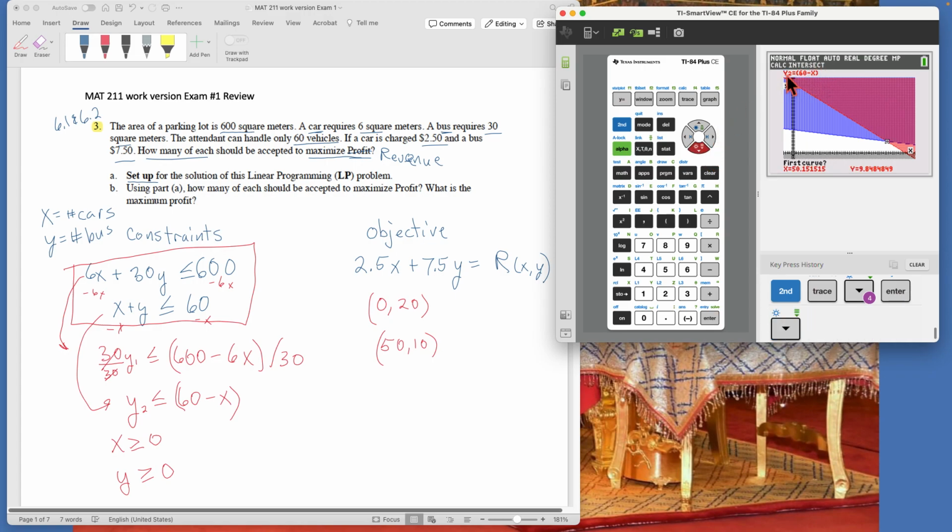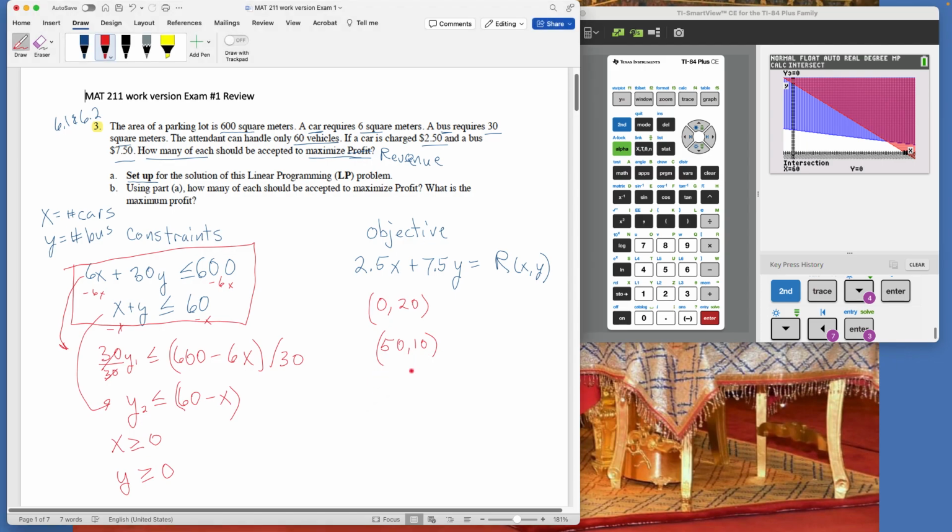Okay, now notice I've gone to y2. It might not look like it, but you could, if you go left or right. Oh yeah, that's the one I'm on. That's the one I want. Enter, and then I want y3 as my second curve, and that will give me my intersection. Enter, enter, and it does. 60, 0. Over here, 60, 0.